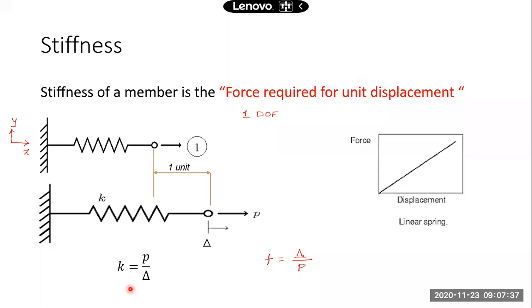Similarly, I can express the flexibility. Flexibility is the displacement under unit force, delta upon P. Flexibility and stiffness are inverse of each other. That is what we can conclude. Now this was with respect to 1 degree of freedom.